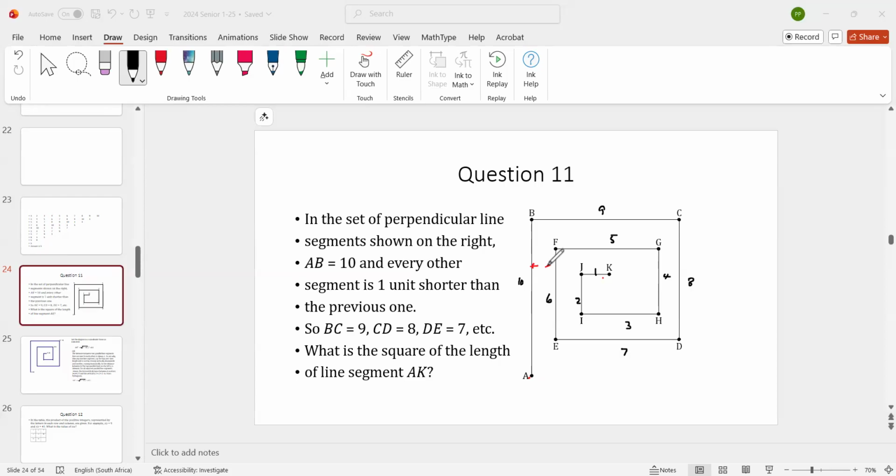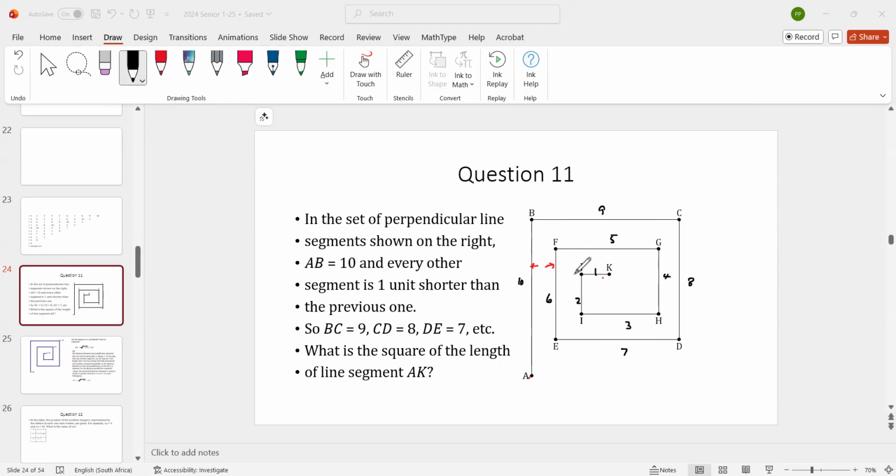If you look at the horizontal distance from one parallel line to the other, watch. This distance is the same as that one minus that one. This is 9 and this is 7. So therefore, this distance here is 2.